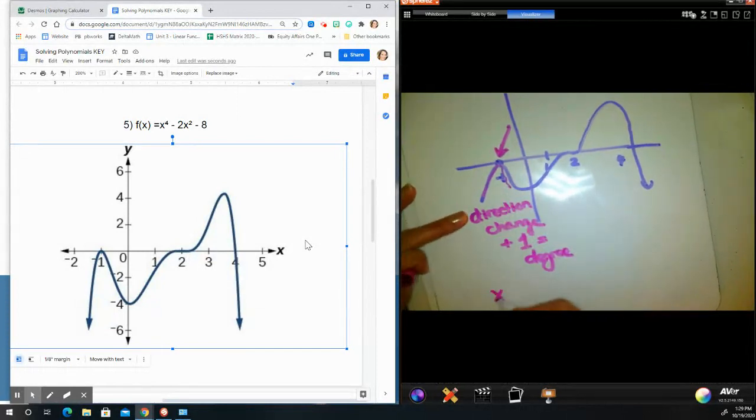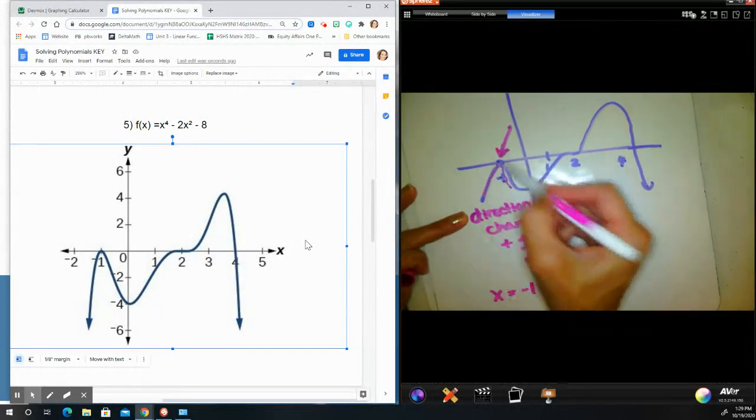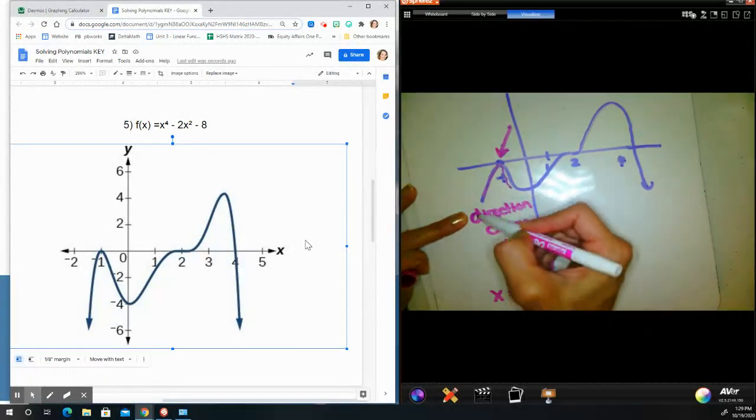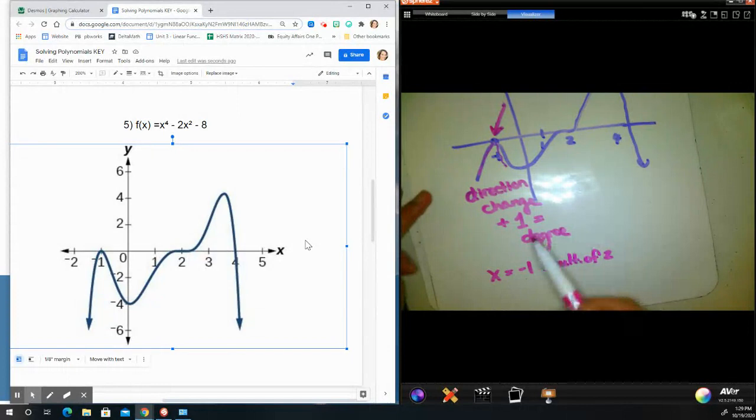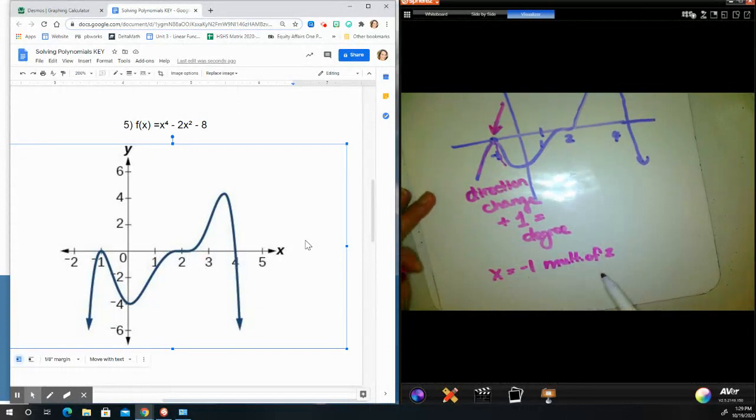So this x equals negative 1, that's a bounce. Imagine it like going up, hitting the ceiling, and coming back down. So there's a multiplicity of 2. Those of you going on to calculus eventually, just know that it's an even multiplicity. For Math 3, we just do multiplicities of 2 and 3 when we're looking at graphs.